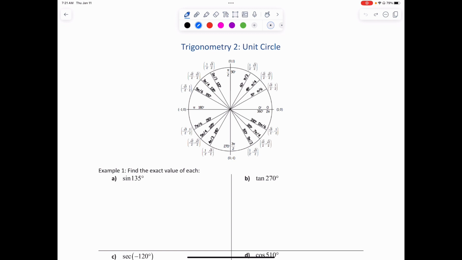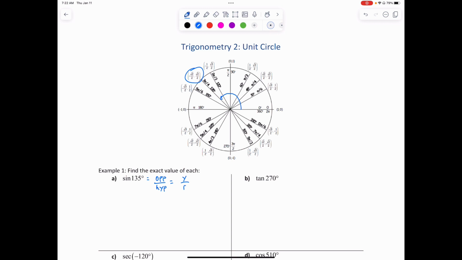So first things first, we're asked to find the sine of 135 degrees. So let's look at this unit circle. 135 degrees ends up right here. So this is the x and y coordinate that we're looking at. Now we know from the last video that the sine of 135 degrees should be equal to the opposite over the hypotenuse, or in other words, the y value over the radius, like we saw in the last video.